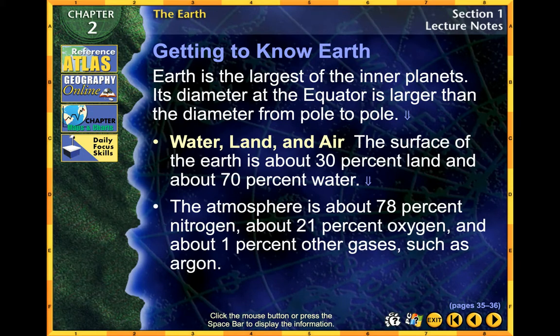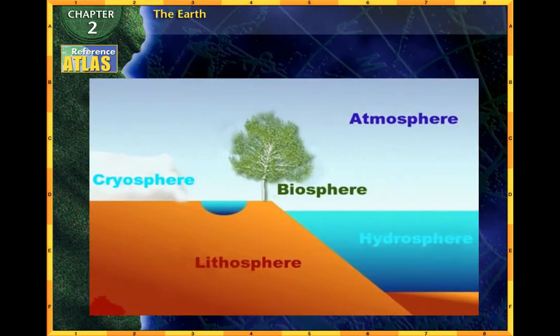Our atmosphere is about 78% nitrogen, 21% oxygen, and about 1% other gases. Pure oxygen is typically not good for people. We need a mixture of nitrogen and oxygen to survive. So yes, we rely on oxygen, but really it's that combination of gases. And then there are other gases like argon, hydrogen, etc.